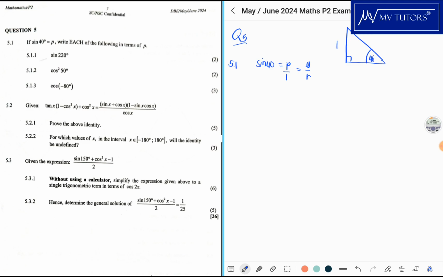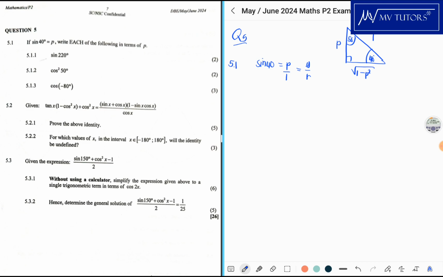The opposite is p, the hypotenuse is 1. If we work out what x is, remember r squared is equal to y squared plus x squared. So r squared in this case is 1 squared. So x will be the square root of 1 squared minus p squared. Okay, so that is our triangle completed. You can put the 50 there if you want to, just in case they start dealing with 50s. Oh yeah, they are dealing with 50.